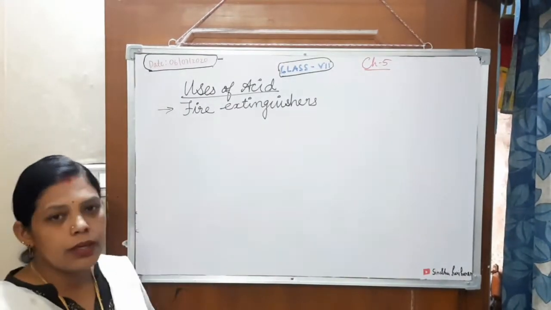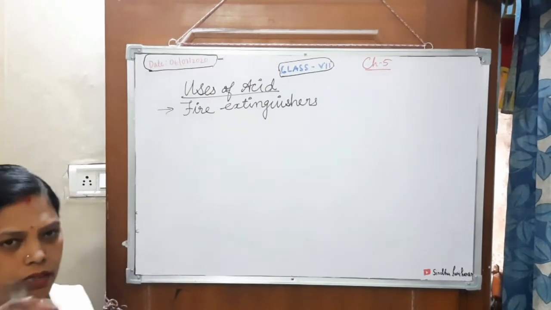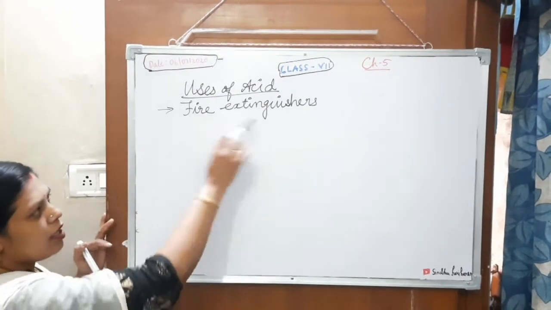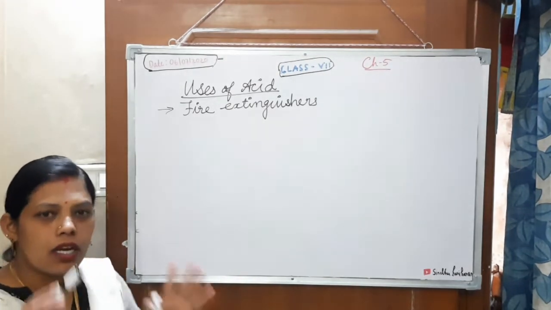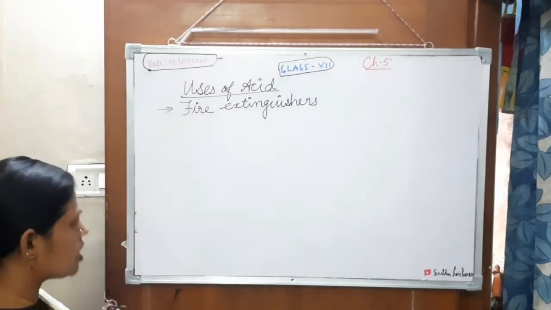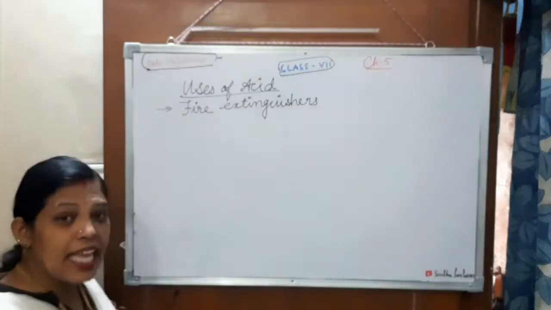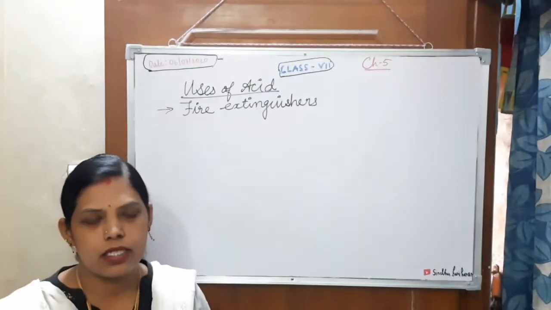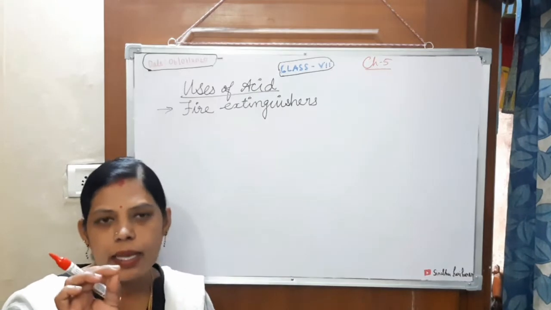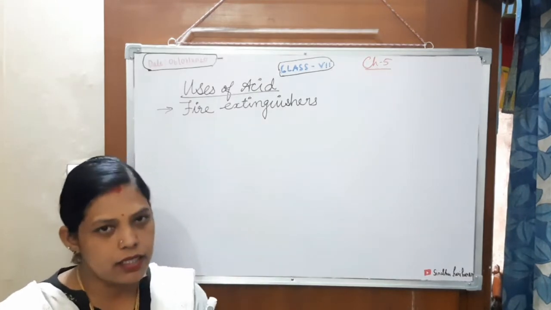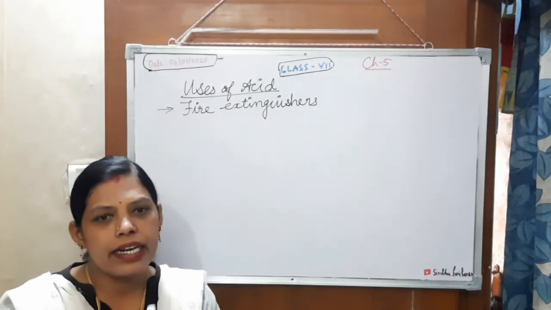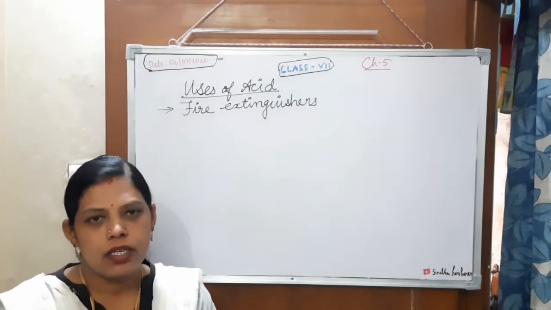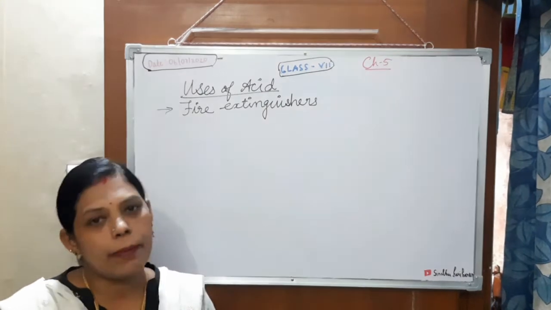Let's see the structure of the fire extinguisher, what things are present in it, and how it works. And why do we use acid in fire extinguishers? It is a property of acid: when acid reacts with a carbonate, it forms carbon dioxide.